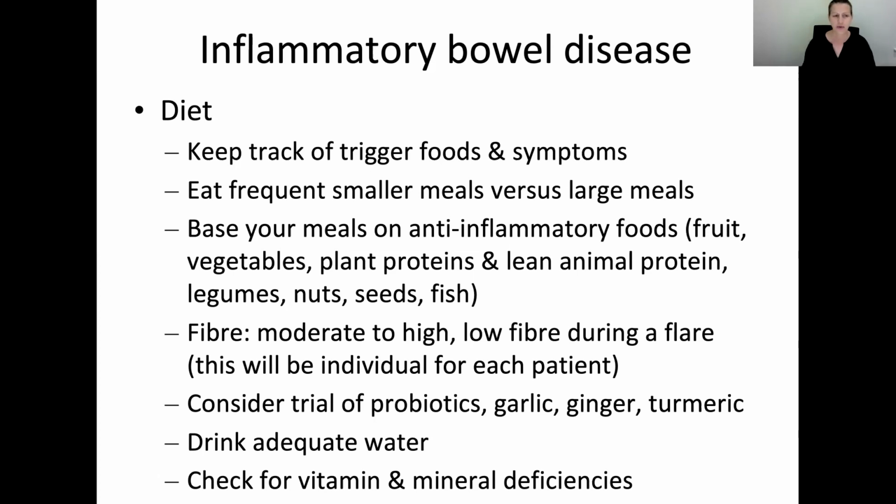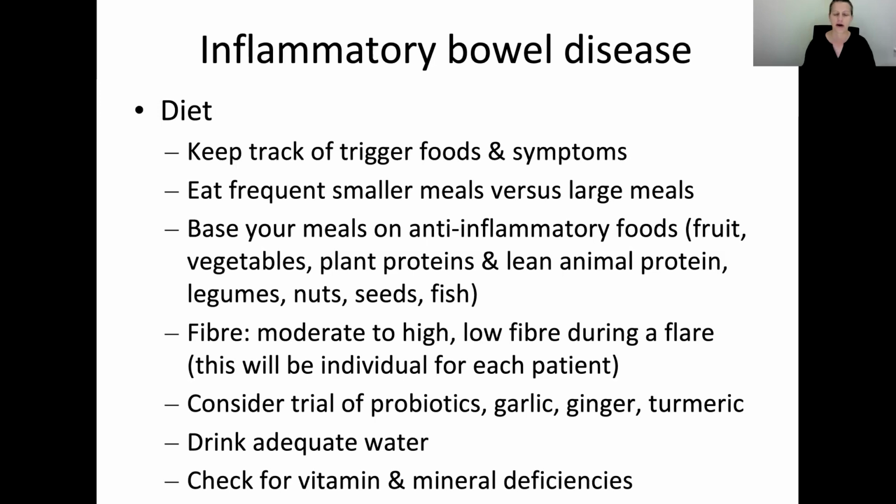For most people, it helps to eat smaller meals more frequently than having larger meals. And for a lot of people with inflammatory bowel disease, it doesn't necessarily work to do fasting or intermittent fasting. We like to encourage basing meals on anti-inflammatory foods.